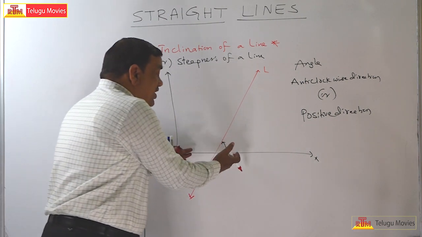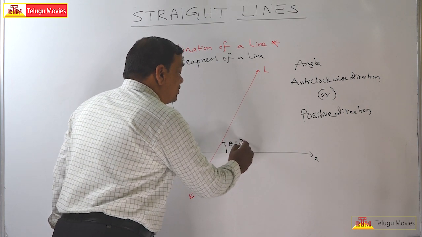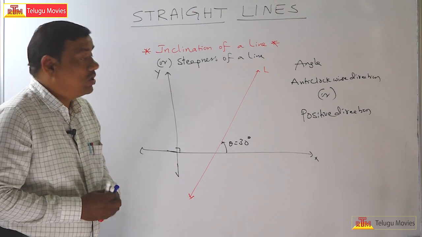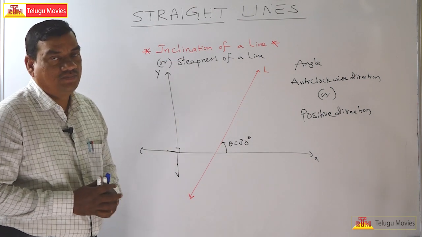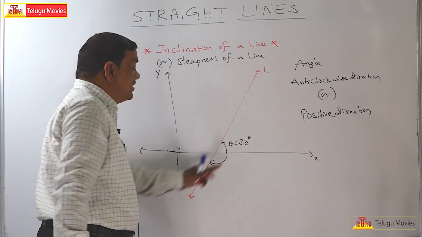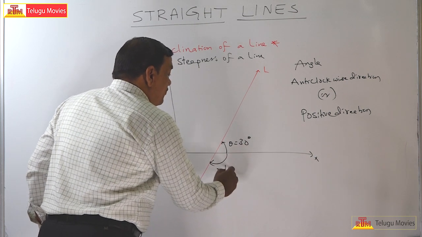If you take a protractor and measure the angle, let us say the angle theta is equal to 30 degrees, then this 30 degrees is called the inclination of the line L. Understand this. We should not measure the angle in the other way. For example, this is called minus 150 degrees.